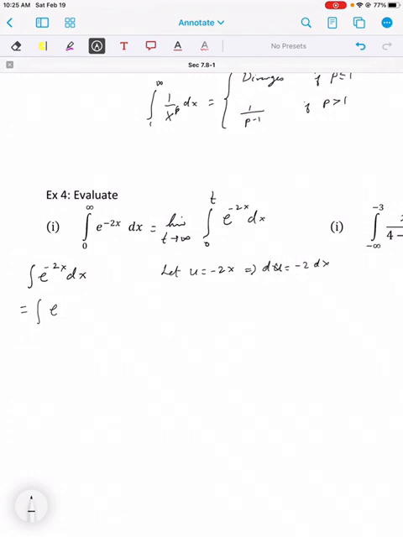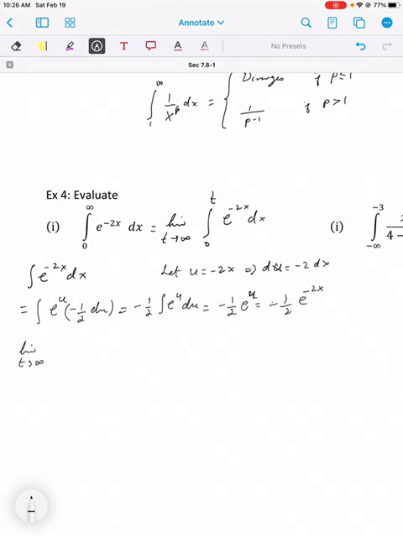So the limit as t goes to infinity of negative 1/2 e to the minus 2x, applying the upper and the lower limit. So this gives me minus 1/2 times the limit as t goes to infinity of e to the minus 2t minus e to the 0. E to the 0 is 1.